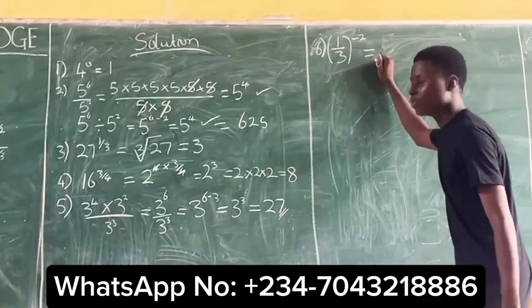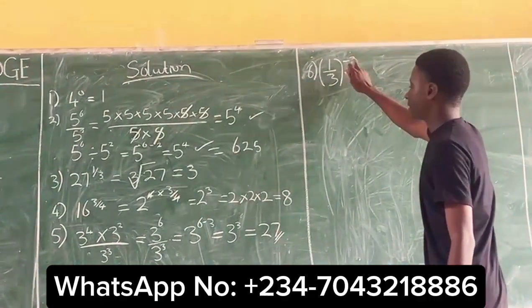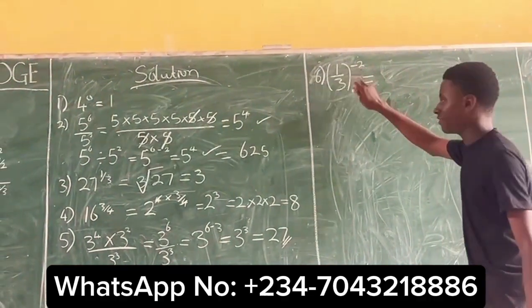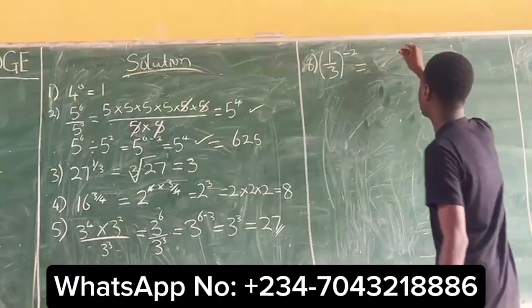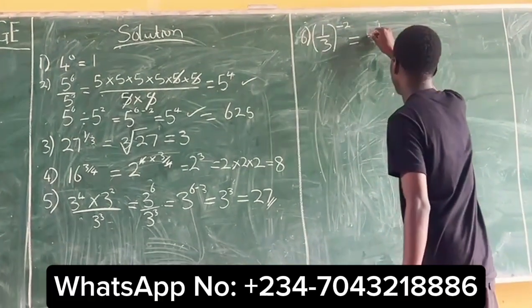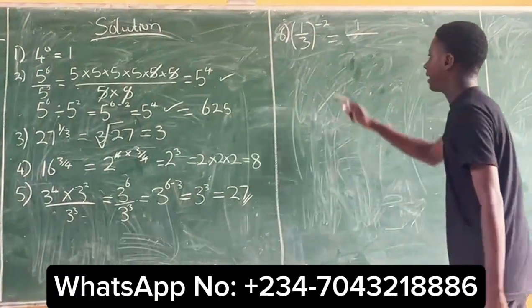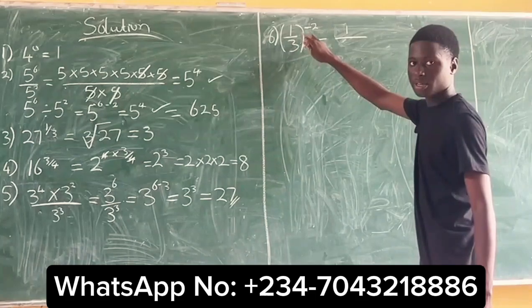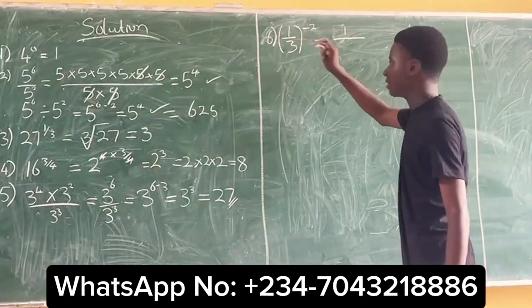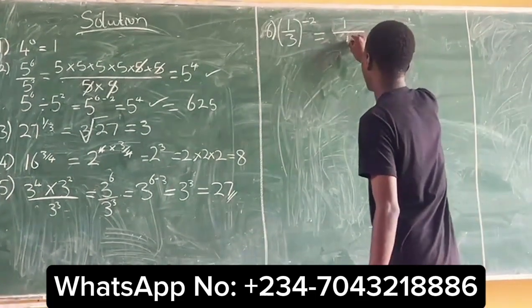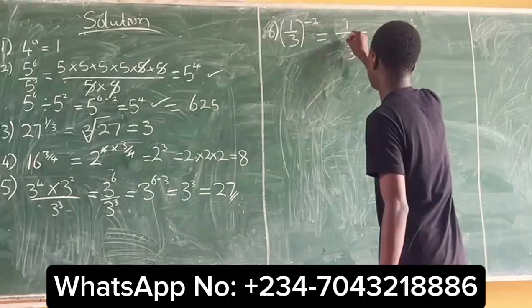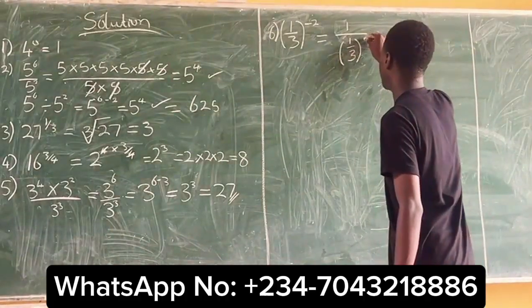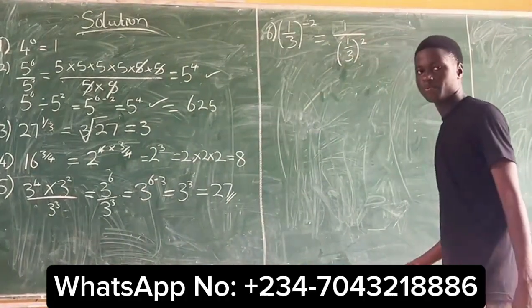First of all, because of this negative sign, we introduce the fraction 1 over. And here we have 1 over 3 already. So we have 1 over 3 to the power of 2.